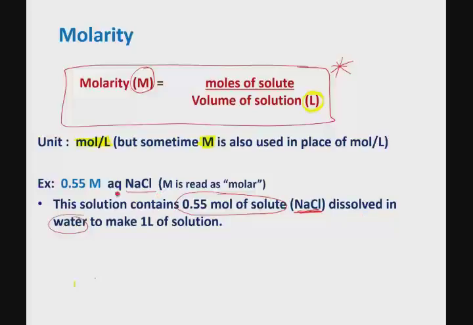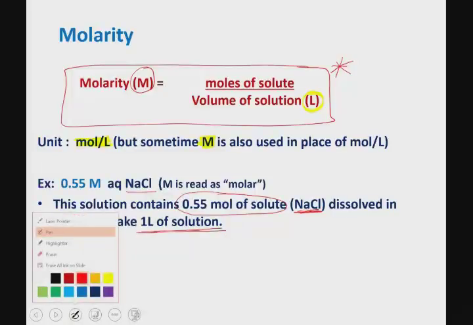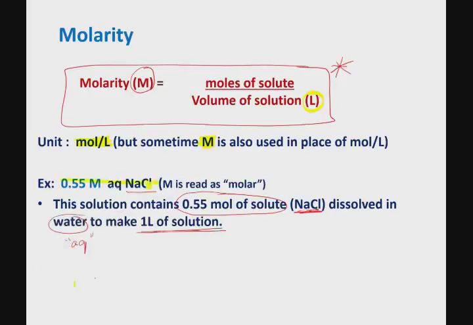This we know because of the label AQ. AQ stands for aqueous, which indicates that the solvent in the solution is water, and enough water to make a total of 1 liter solution. The total volume of the solution is 1 liter. So that one label, 0.55 molar aqueous NaCl, actually tells us quite a bit.